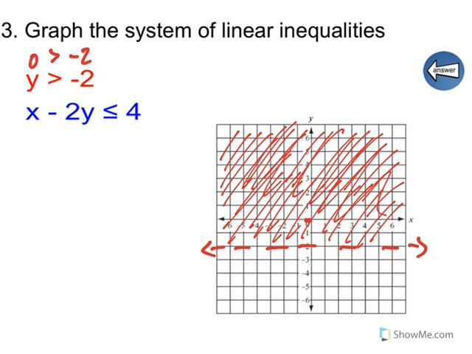Okay, for this next one, we have x minus 2y is greater than or equal to 4. I would subtract x on both sides. I would have negative 2y is greater than or equal to negative x plus 4. Divide everything by negative 2.